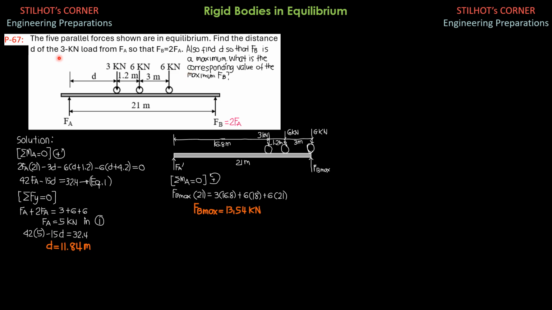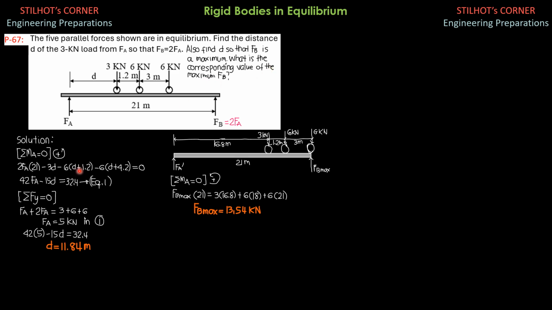Find the distance D of the 3 kilonewton load from FA so that FB, this force here, is twice FA. Then additional question, also find D so that FB is a maximum. Then what is the corresponding value of the maximum force FB?